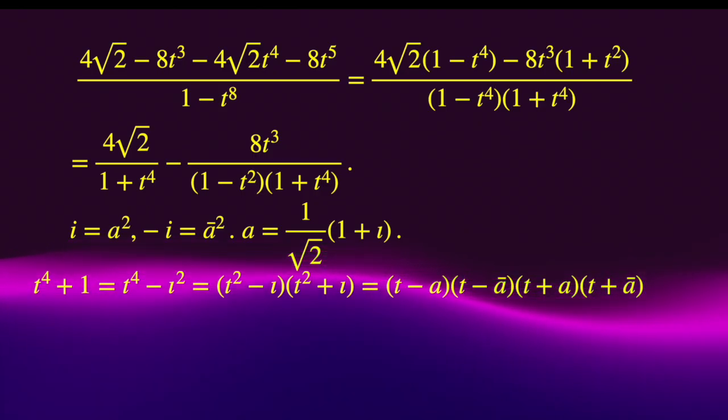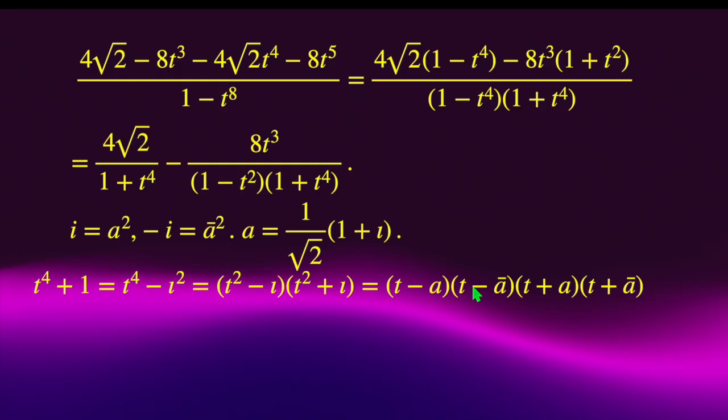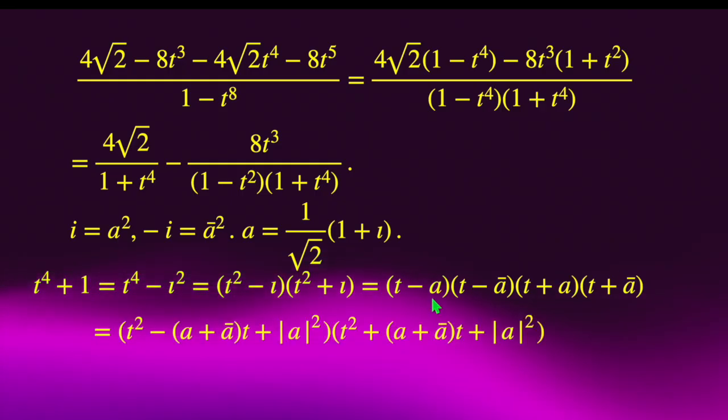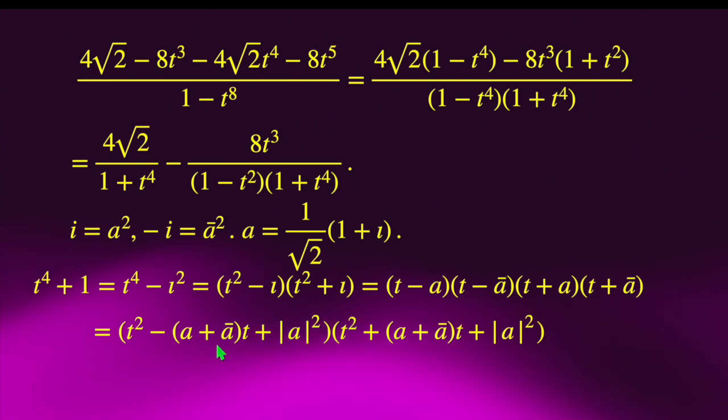Now we compute this one, and we get this decomposition. Here we have a plus conjugate of a, which is a real number, and here we get the modulus of a squared.